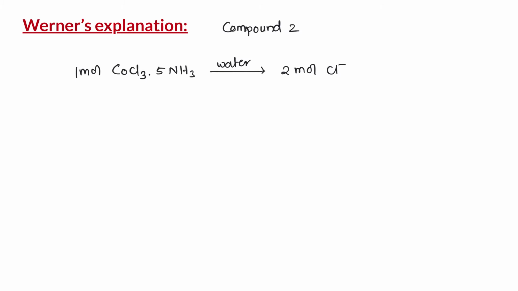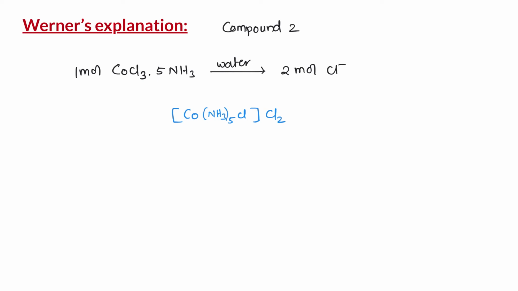The second compound produced 2 ionizable Cl- ions, which means that these 2 chlorines should be primary valences and they should be placed outside the square bracket. 5 ammonias and the remaining 1 chlorine act as secondary valences, and along with the metal ion cobalt, they should be placed inside the square bracket.